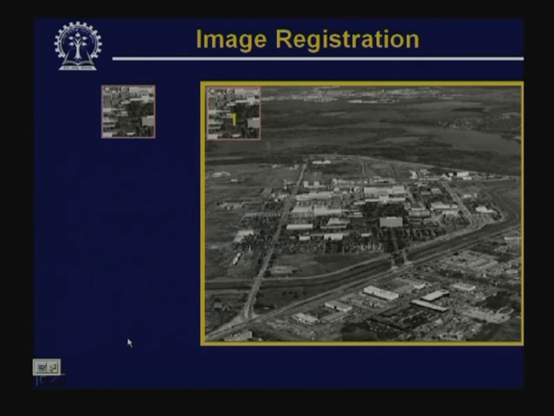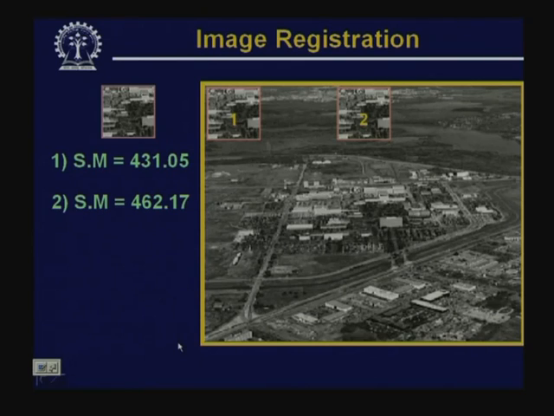This is the template and this is the given image. If I place this template over here, we call this location 1, given by this red rectangle. The similarity measure we get is 431.05. At location 2, the normalized cross correlation is 462.17.